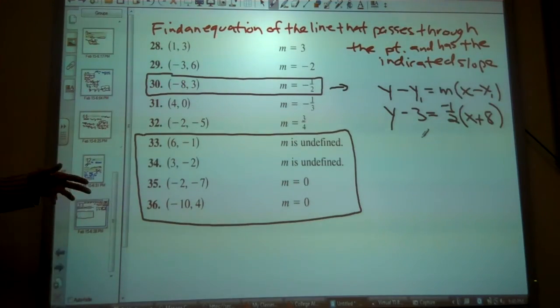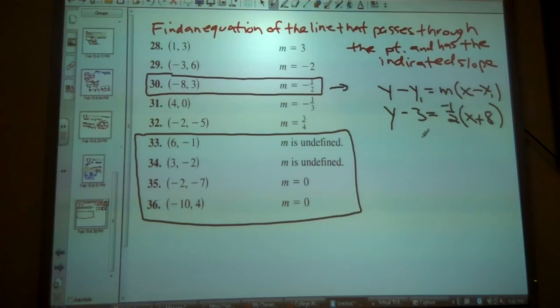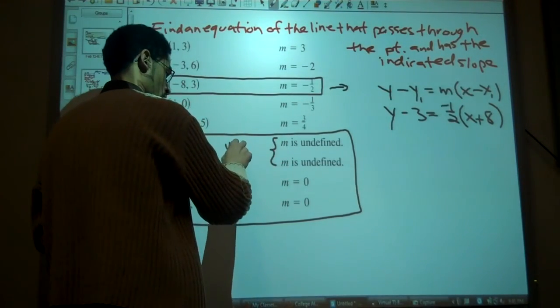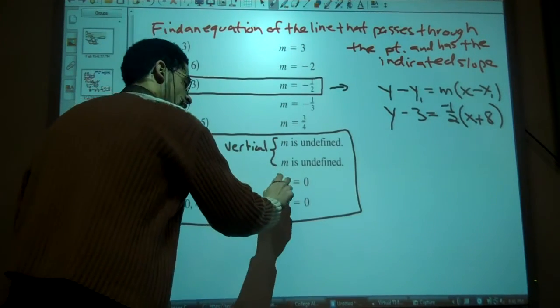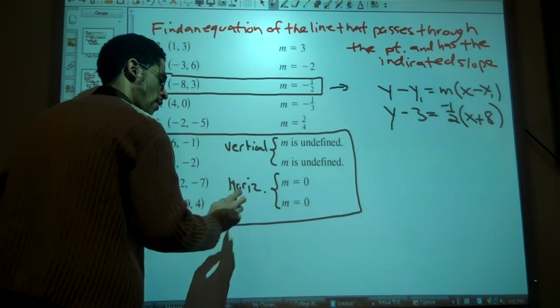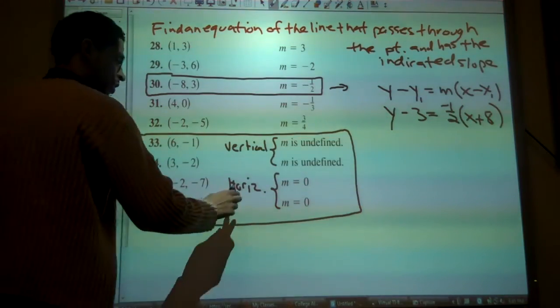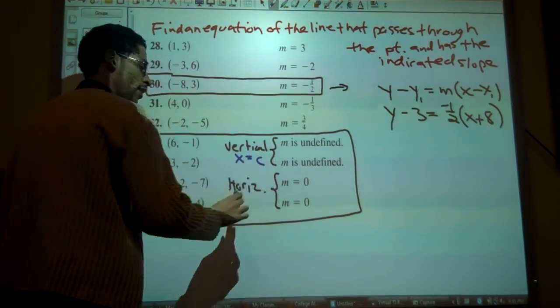Which one is which? What kind of line has an undefined slope? Vertical line. And then horizontal lines have 0 slope. All right, good. And vertical lines have equation x equal to a constant.